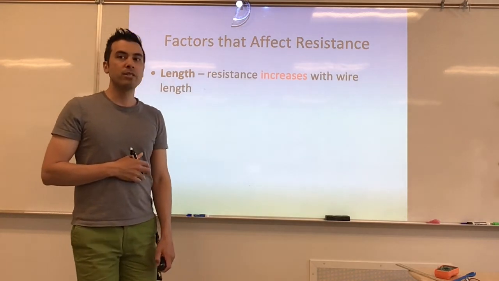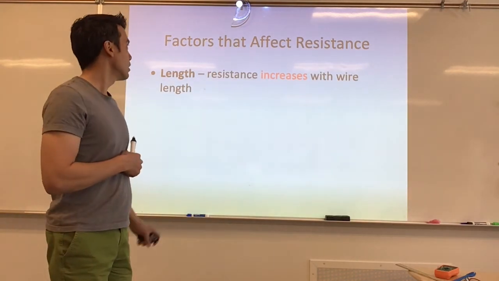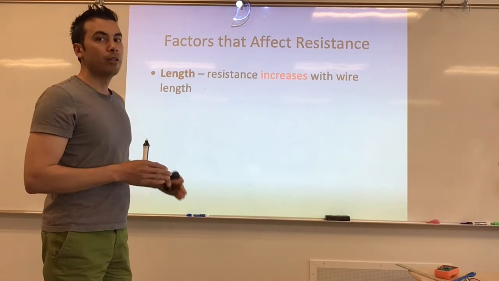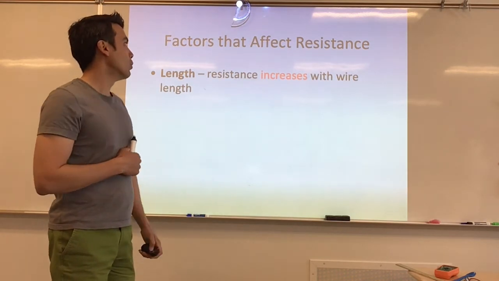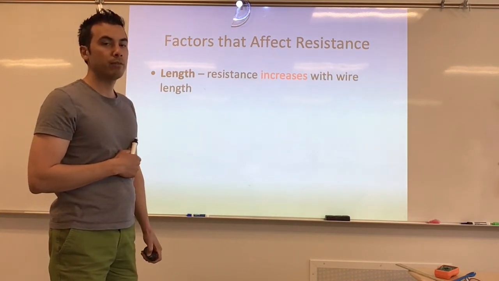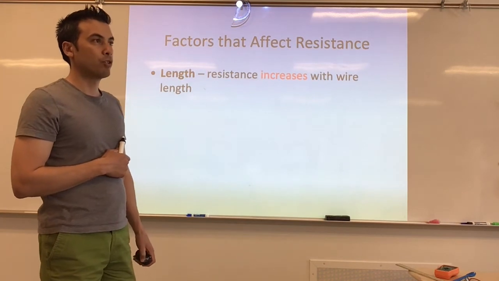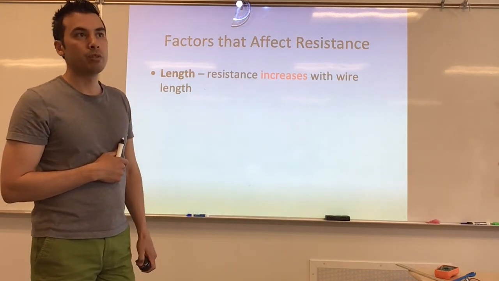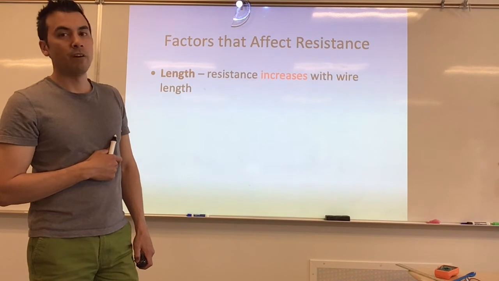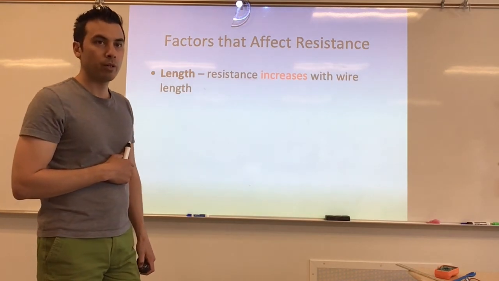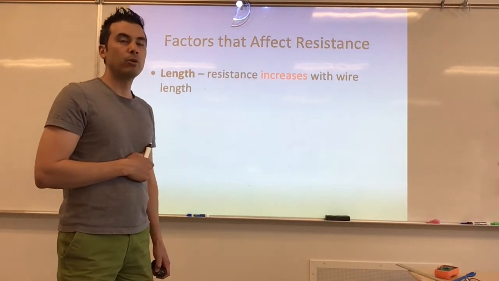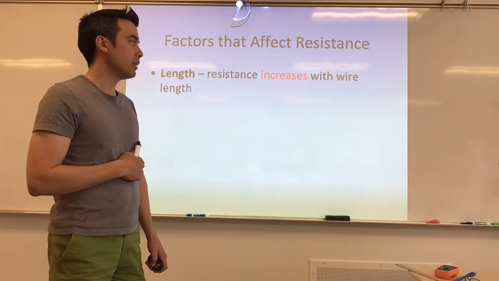Okay, some factors that can affect resistance. Length: the longer the wire, the more resistance we are going to have. So if you have a choice of using a 5-meter electrical cord or a 50-meter electrical cord, maybe take the 5 if you want to be energy efficient.